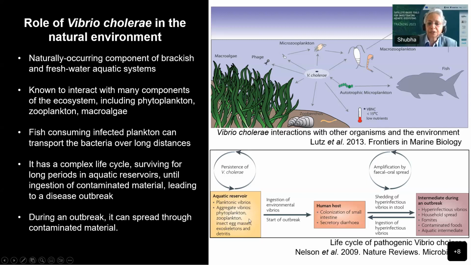So a lot of things can harbor these bacteria in between infections. And once it is inside a human host, you fall sick. Then if more people come in contact with the shedding of infected material, for example, through stool, it spreads and you have an outbreak, and they say that during an outbreak, you can have hyperinfectious vibrios and further spreading through contaminated material and so on.